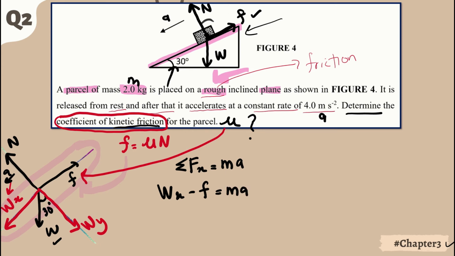Then we expand the equation. Basically Wx is equal to W, or mg sine theta, minus friction, which is mu N, equal to ma.